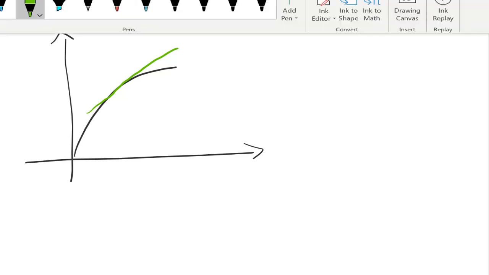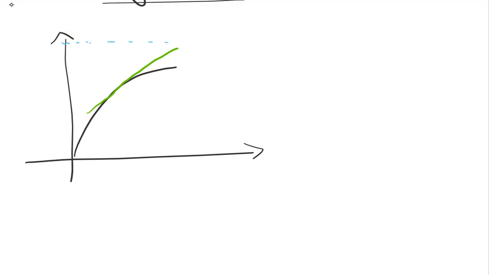In order to find the slope, let this be delta x, the distance along the x-axis, and let this be delta y, the distance along the y-axis.